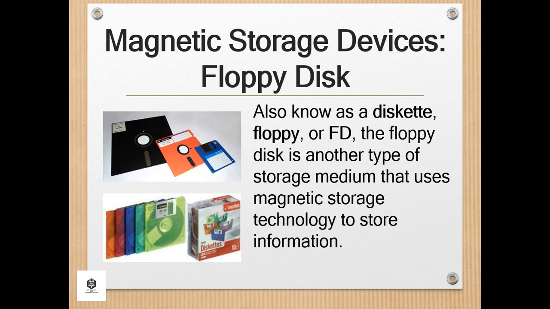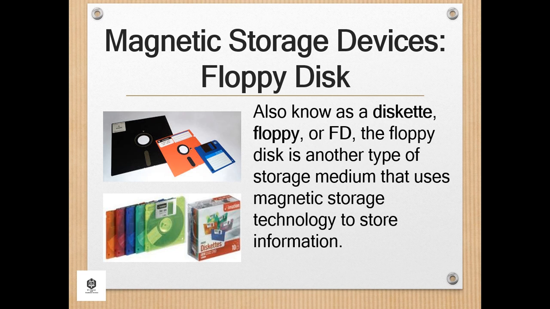Floppy disk, also known as a diskette, floppy, or FD. The floppy disk is another type of storage medium that uses magnetic storage technology to store information. Floppy disks were once a common storage device for computers and lasted from the mid-1970s through to the start of the 21st century.